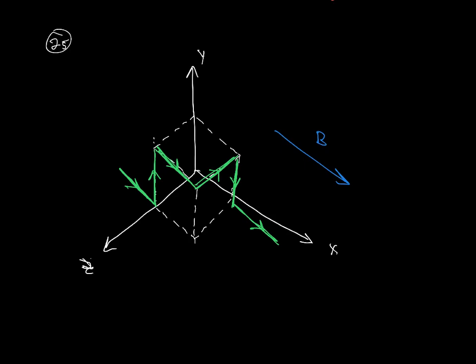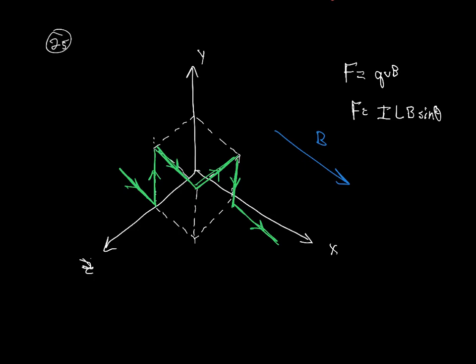So what is the general equation for the magnetic force acting on a current moving in a magnetic field? There's a general equation for it. It's similar to QVB. I times L times B times sine of theta. F equals BIL sine theta.